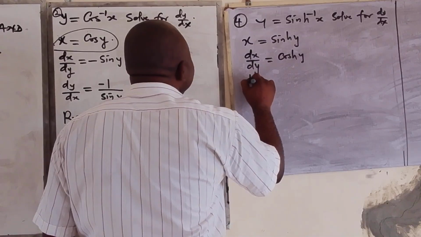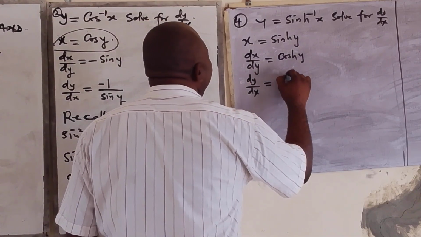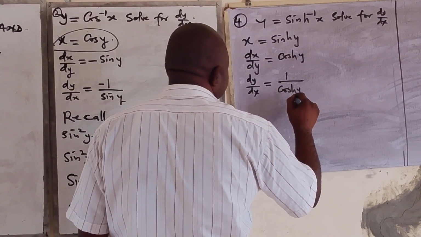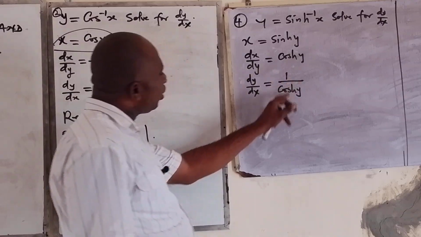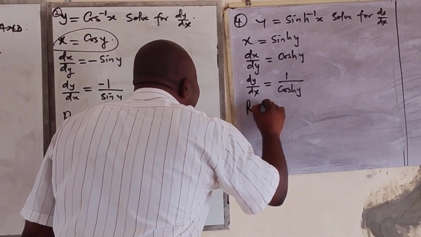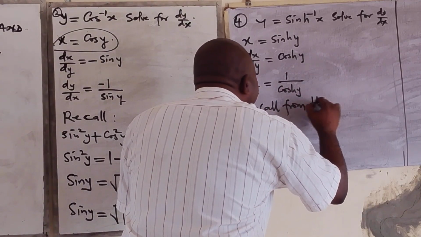Now let's look at dy/dx. Now dy/dx will be 1 all over cosh y. Now recall from hyperbolic function.